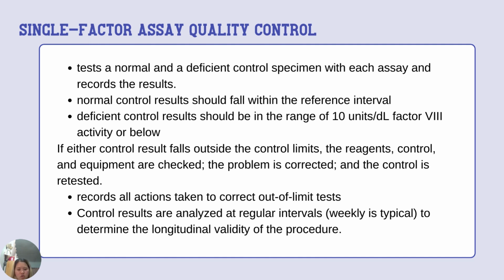If either control result falls outside the control limits, the reagents, control, and equipment are checked, the problem is corrected, and the control is retested. Record all actions taken to correct out-of-limit tests. Control results are analyzed at regular intervals, weekly is typical, to determine the longitudinal validity of the procedures.